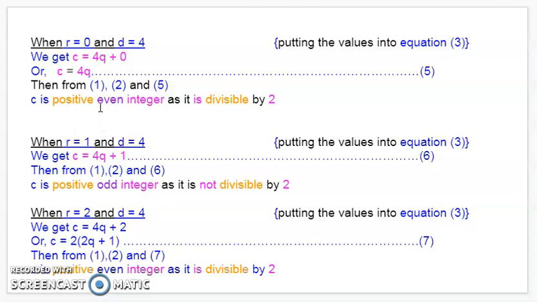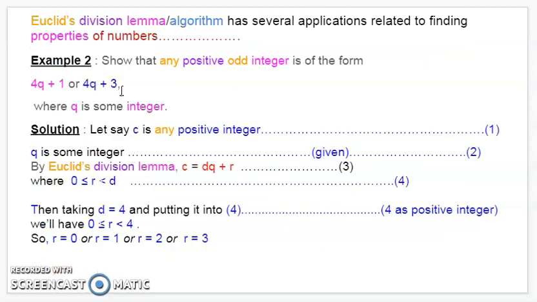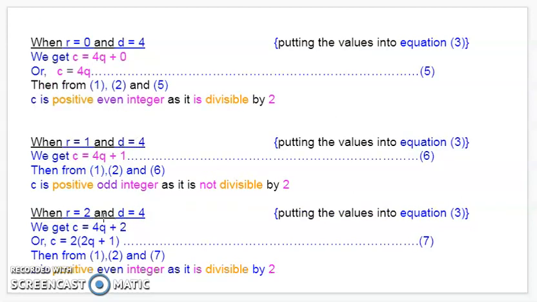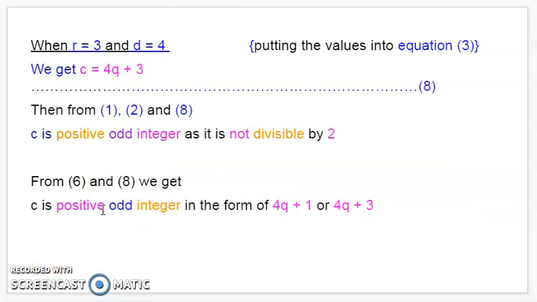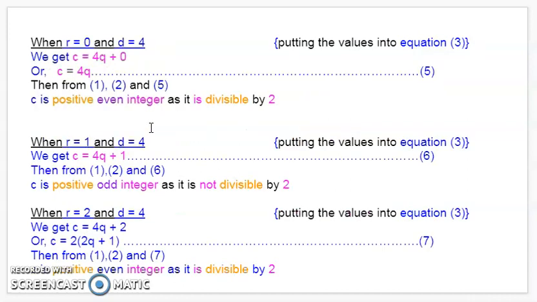if these two remainders, the first ones, or exactly, the remainders which are giving us the forms 4q plus 1 and 4q plus 3, we can write those forms only. So here as we are looking, r equals 3 is giving us 4q plus 3, so we are writing up to that.